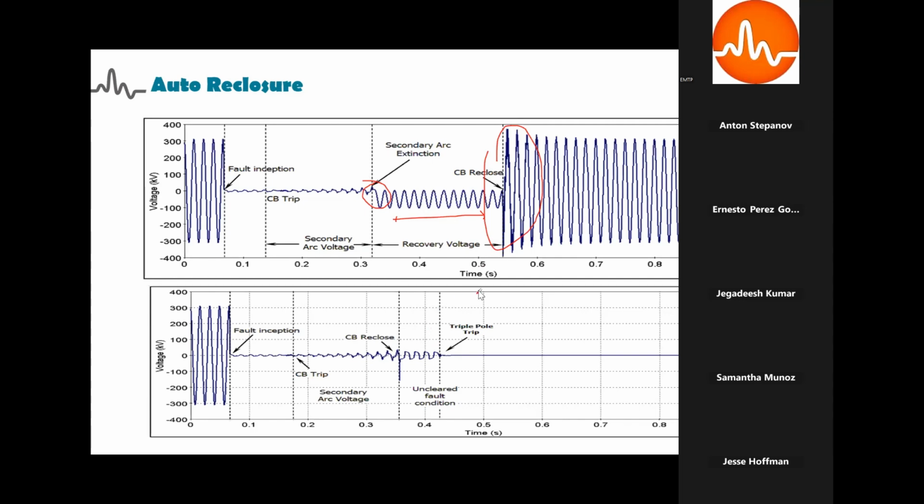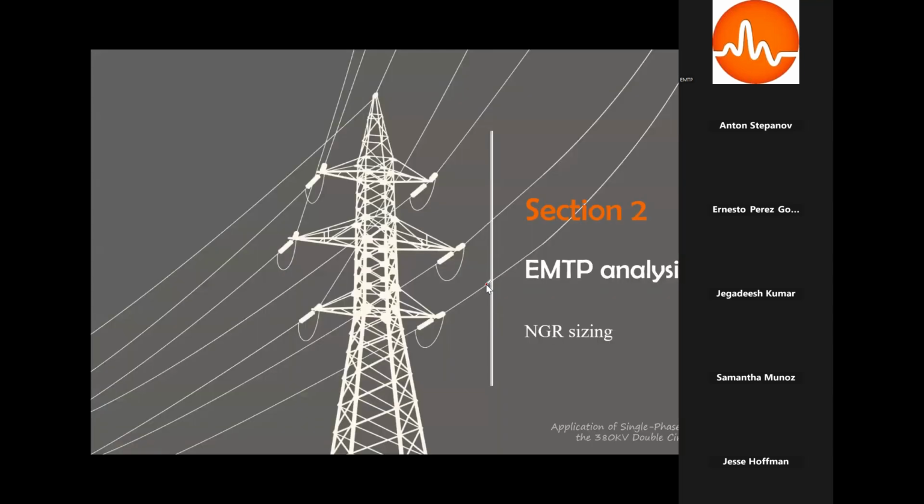Whereas if we reclose the breaker before the extinction of the arc, say here, then the arc is reignited. The arc will continue to persist, and we finally have to go for triple pole tripping and lockout. We cannot attempt reclosure. So to have a successful auto reclosure, secondary arc extinction is very crucial.